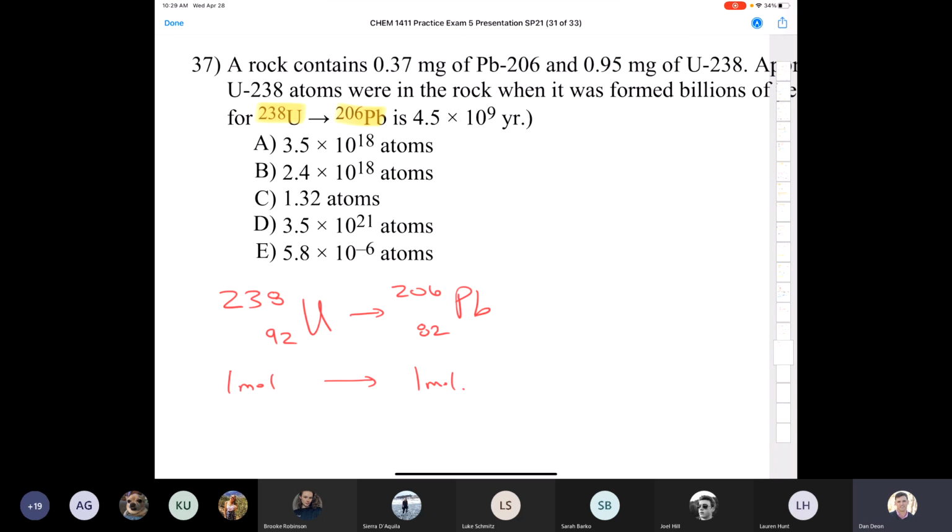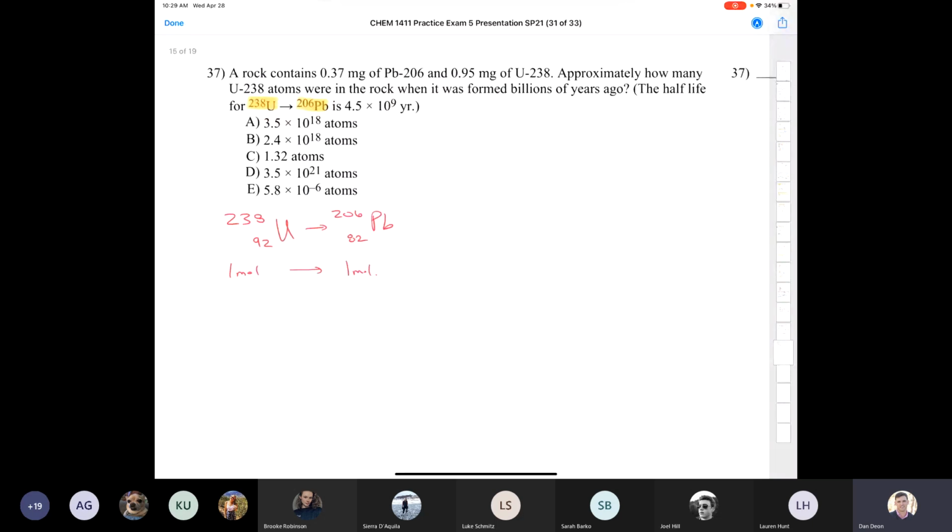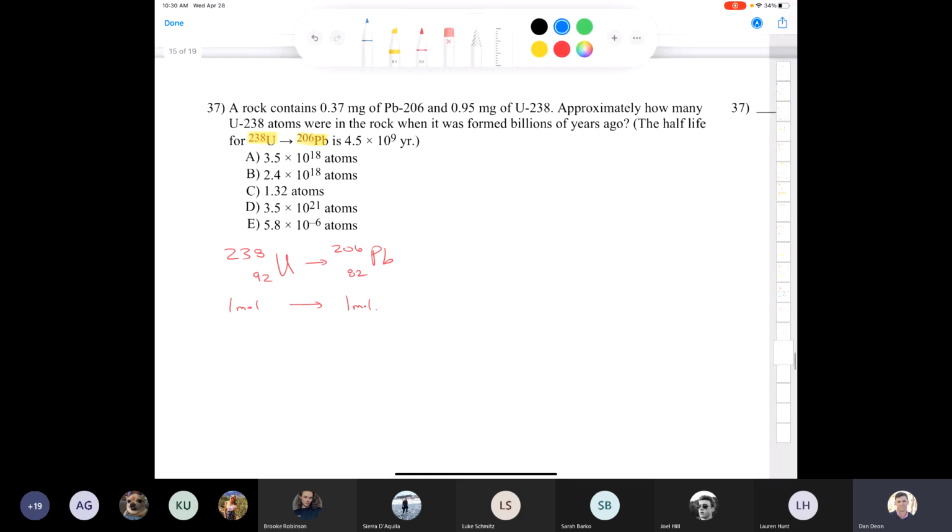In order for me to figure out how many atoms of uranium were in the rock to begin with, I need to know the original number of moles of the uranium-238.